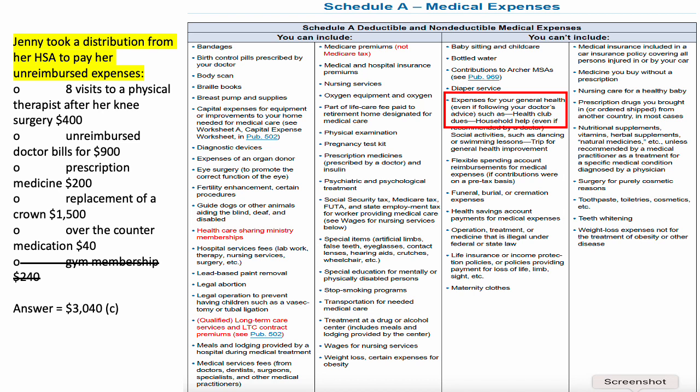But gym membership, well, over on the side where it says can't include, there's what you can and what you can't, where it says expenses for your general health, even if following your doctor's advice, such as health club dues. There you go. So gym membership cannot be claimed as a qualified medical expense. The answer to this question was $3,040, which was letter C, last year.